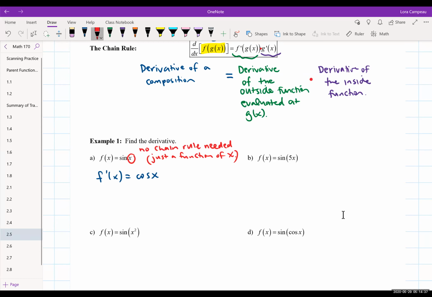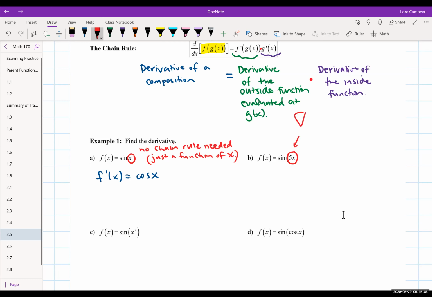Now, what we end up having an issue with is sometimes the arguments or the bases are more complicated. It could be radicands too, but I'll go with this for now. We end up having something that might be more complicated than just a single x. If it's in the slightest more complicated, I know with linear functions like x and 5x it's not too big of a deal, but I consider that more complicated.